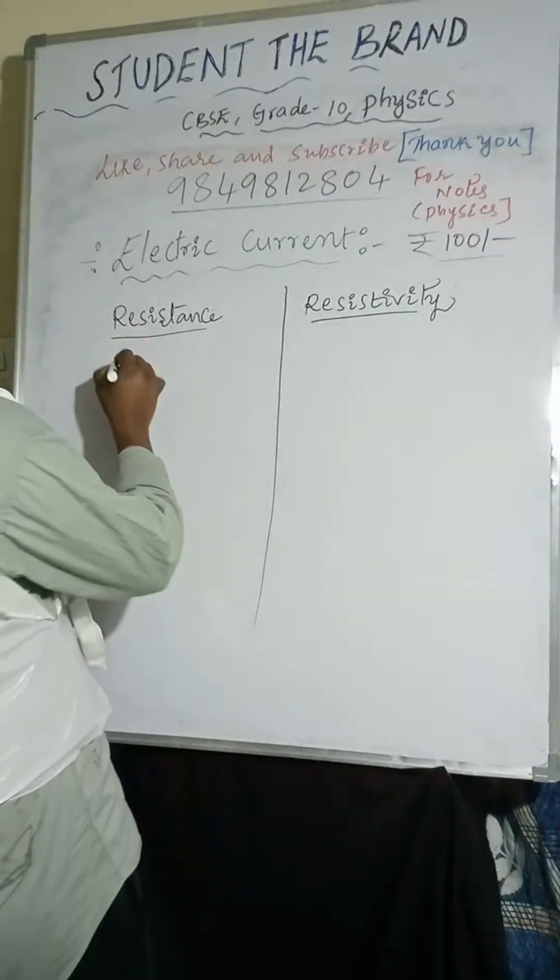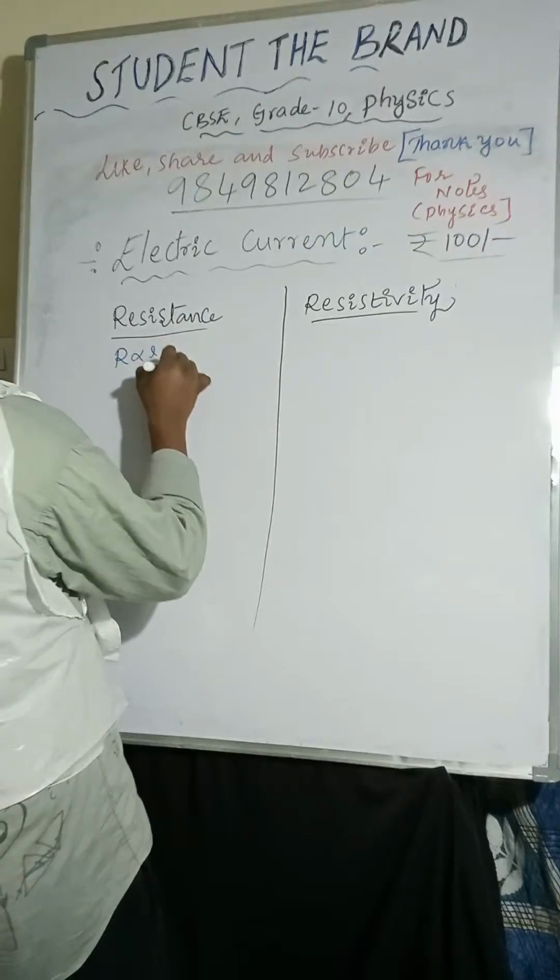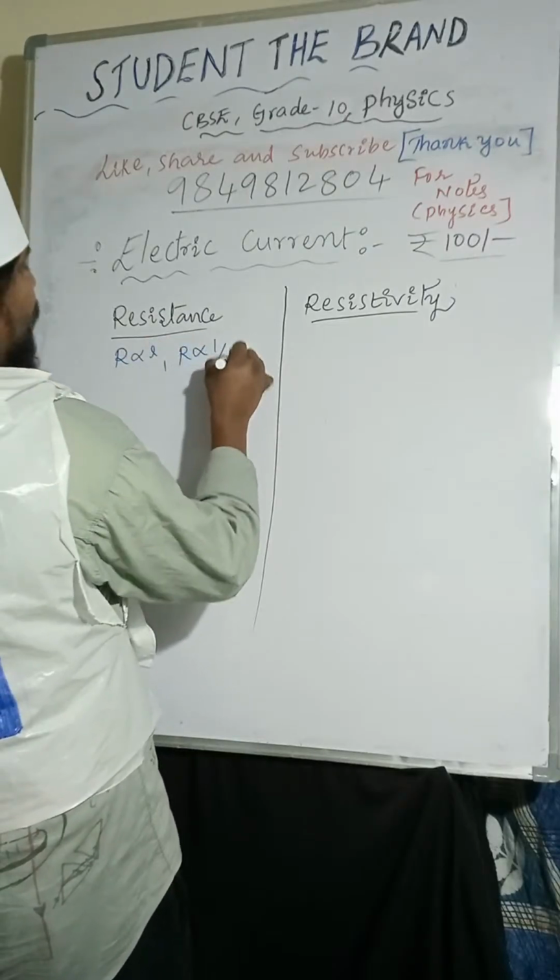R is directly proportional to the length of the conductor, and R is inversely proportional to the area of cross section.